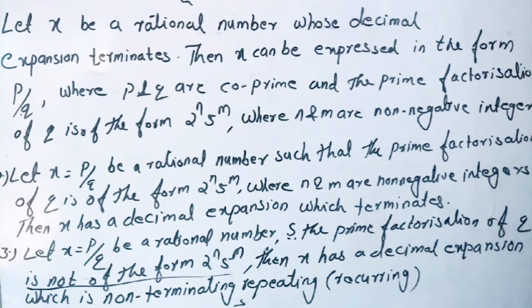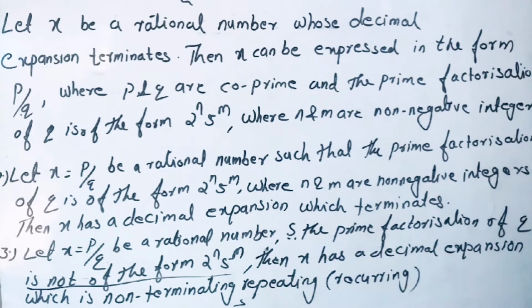Very important. The prime factorization of q contains some other prime factors also. Then we can say that the decimal expansion corresponding to X is non-terminating repeating, that means recurring.